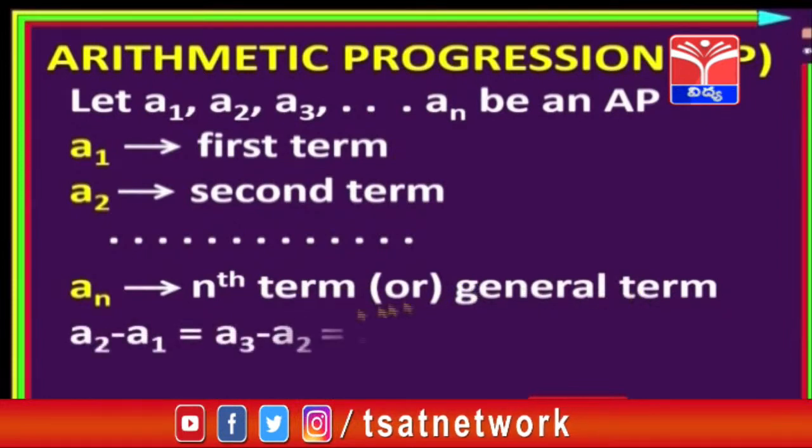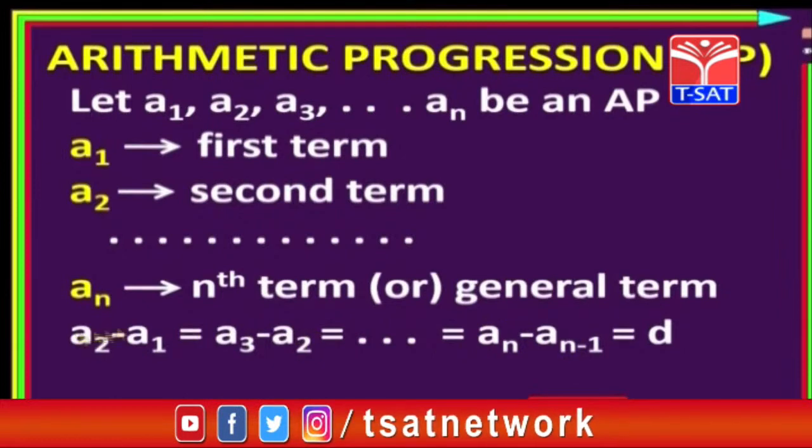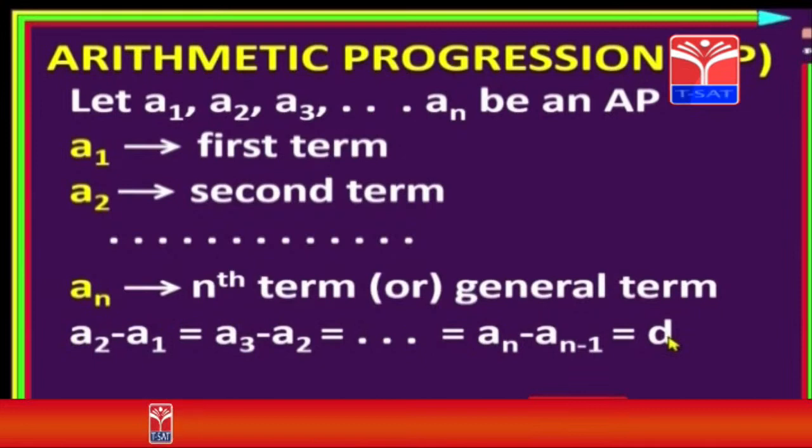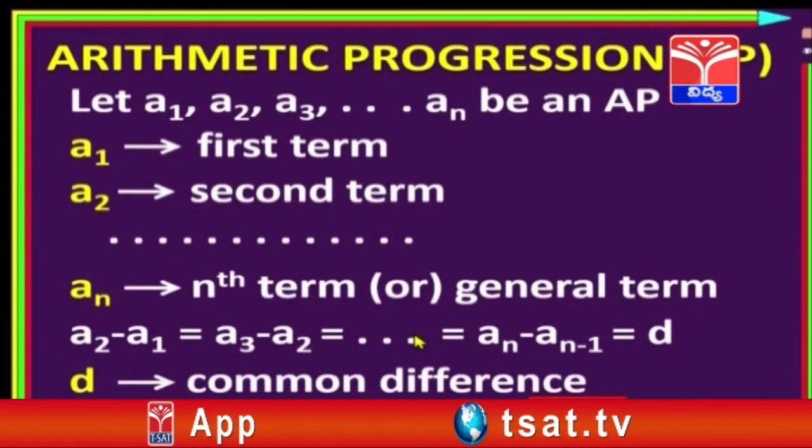If we find the difference between consecutive terms, A2 minus A1, A3 minus A2, and so on up to An minus An-1, all these differences are the same. That common difference is denoted by D, and it is called the common difference of the arithmetic progression.